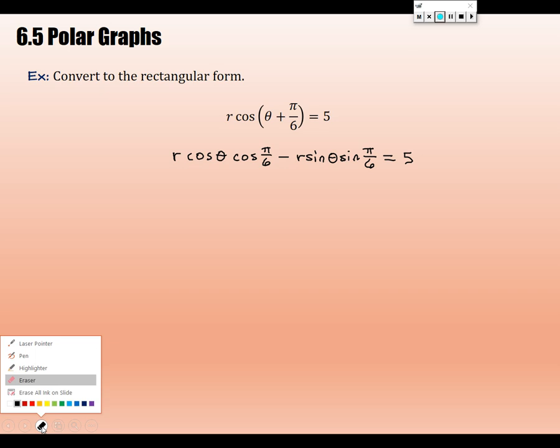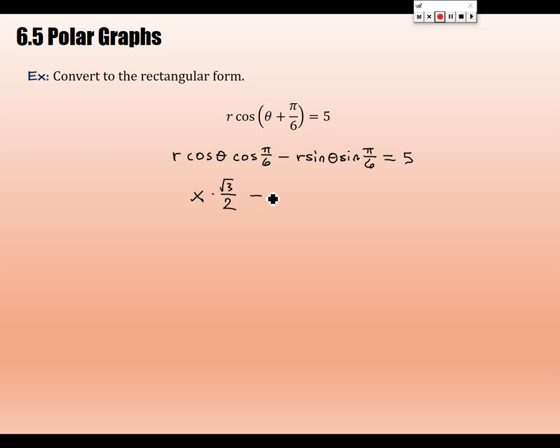That is actually what I wrote. I think you're just having trouble seeing from the back. Okay. R cosine theta, also known as x, and cosine pi over 6 is √3/2. Let's see if we still have these things in our heads. R sine theta, also known as y, and sine pi over 6 is 1/2.